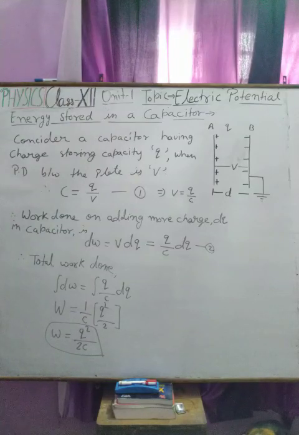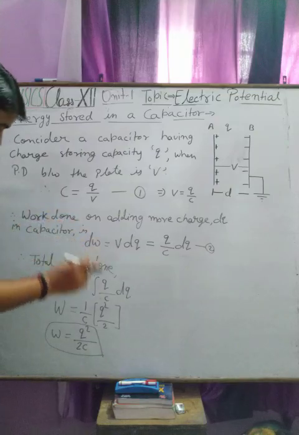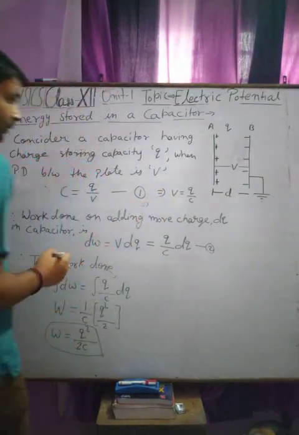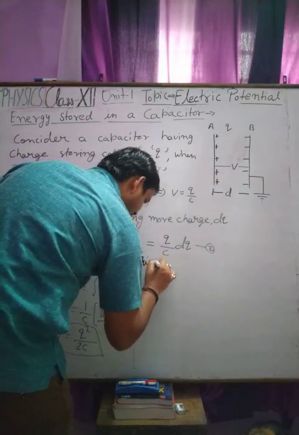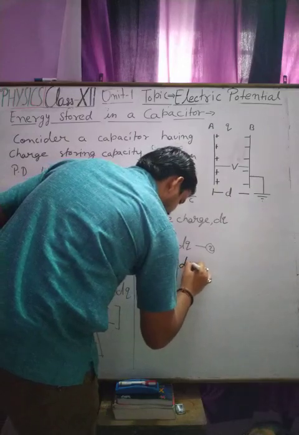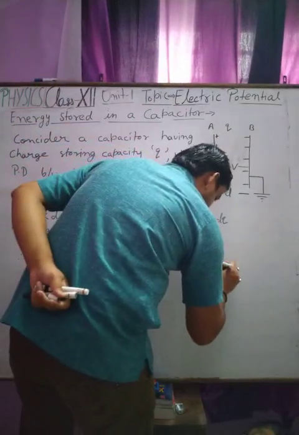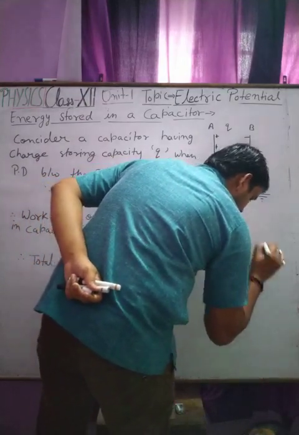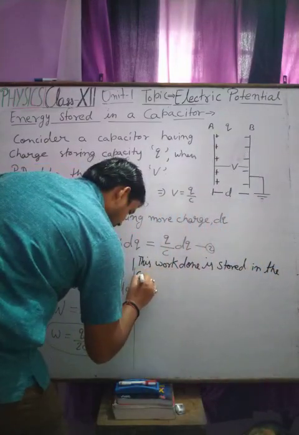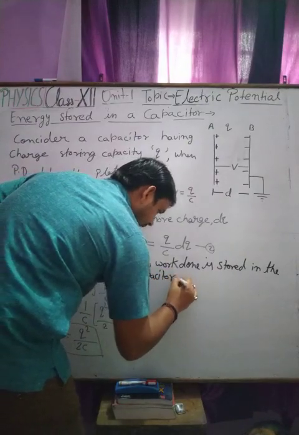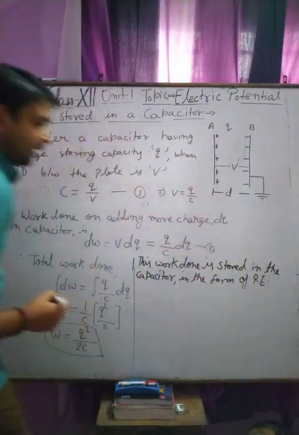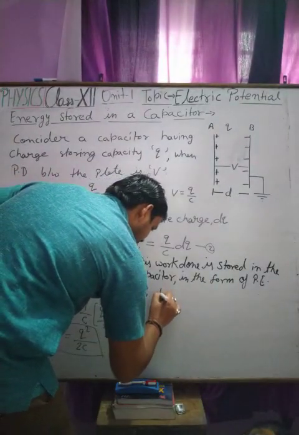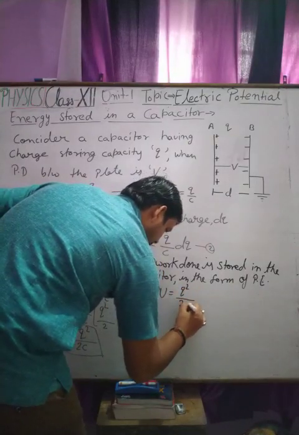Okay, this work done is stored in the capacitor in the form of potential energy, that is U is equal to Q square upon 2C.